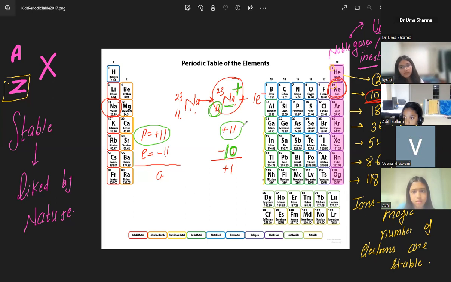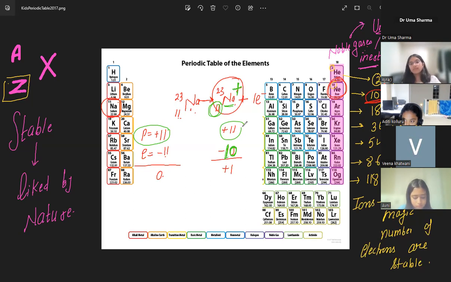So I'm back to what we were discussing. What Kyra asked, why the protons cannot undergo a change, and Aditi answered it, because protons and neutrons are very strongly bound. Avni answered and Aditi also answered it. Now, any question from that? Because they are strongly bound, a large amount of energy is needed.